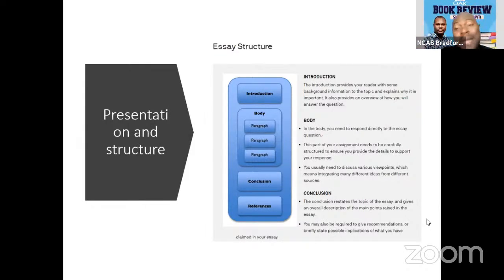So for example, I might want to look at what is the background information regarding COVID-19. That is one. I might want to look at what is COVID-19 itself. That is two. I might also want to look at, okay, what is the effect of COVID-19 on the general economy, on maybe the world economy, for example.